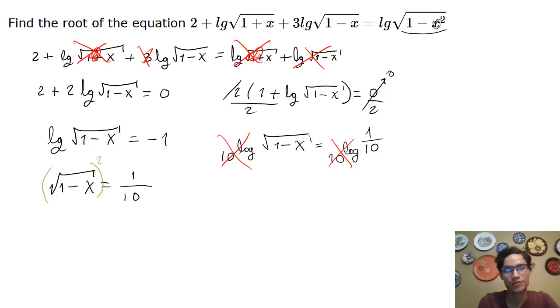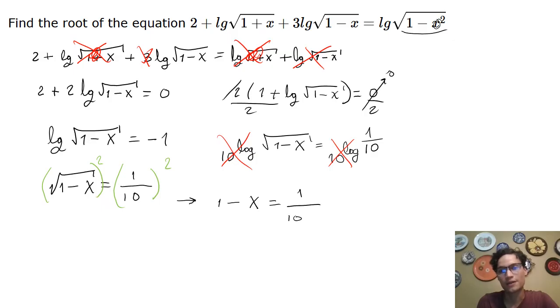Square here, we square here, and the result will be 1 minus x equal to 1 over 100.